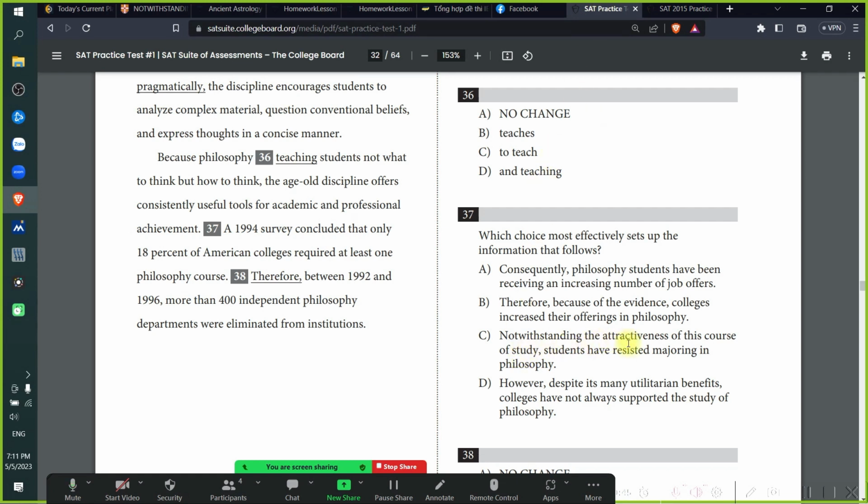Bất chấp cái sự mà hấp dẫn của cái ngành học này, sinh viên đã cứ kháng cự lại cái chuyện mà học cái ngành philosophy. D. However, despite its many utilitarian benefits, colleges have not always supported the study of philosophy.